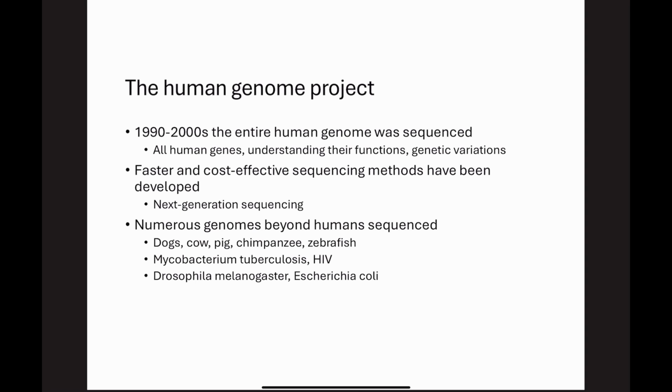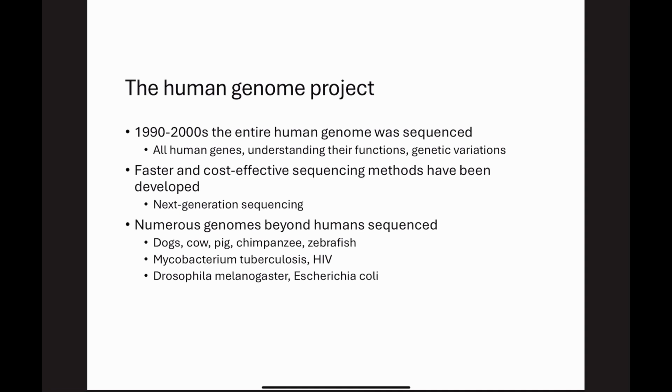Since then, we have had more advances that have led to faster and more cost-effective ways to sequence genomes, and that actually allowed us to sequence the genomes of different organisms aside from humans. So we've sequenced dogs, cows, pigs, chimpanzees, and zebrafish.